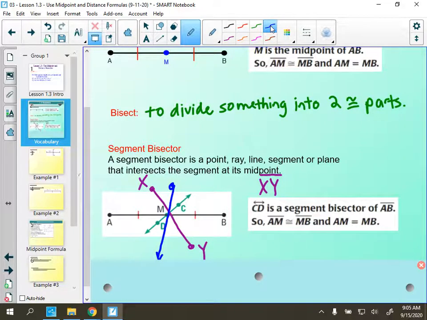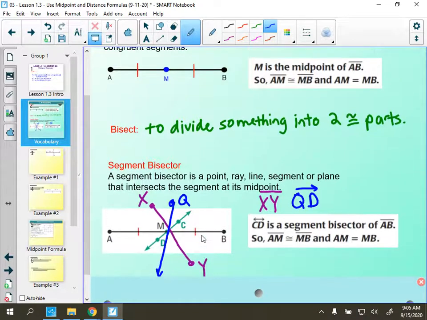Even if I didn't add another point, let's see, what letter have we used here? Q. Ray QD also falls into that description of a ray that intersects a segment at its midpoint. Okay, so it's a little bit more broad than a midpoint. A midpoint can only be a point in the middle. These all pass through a midpoint of a segment, okay?